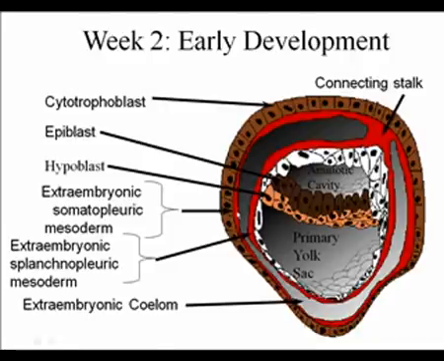There will be 2 layers of mesoderm that line the extraembryonic coelom, a somatopleure and a splanchnopleuric mesoderm. In addition, we can see the amniotic cavity, primary yolk sac, the epiblast, and the hypoblast. Here you can see the connecting stalk connecting the embryo to the placenta.